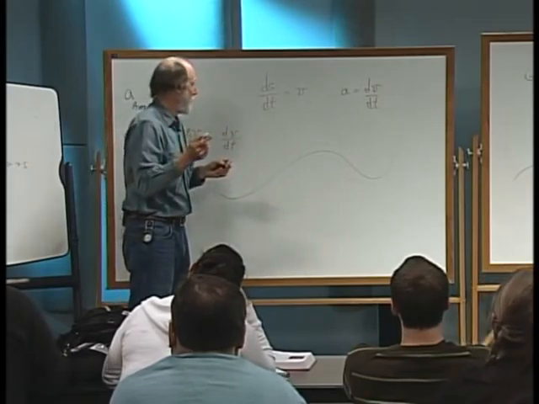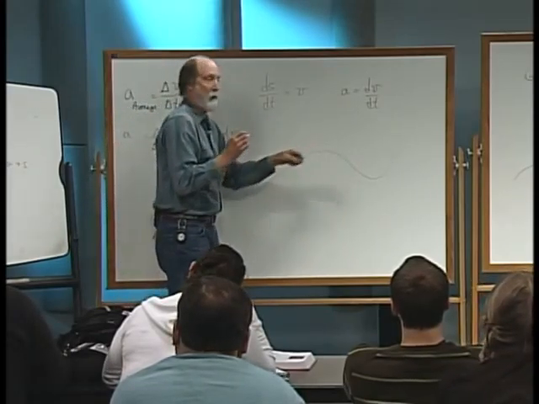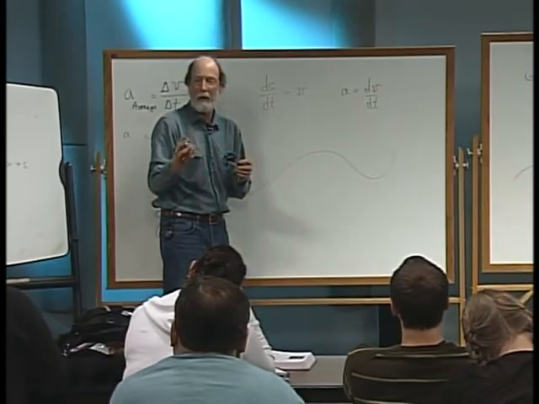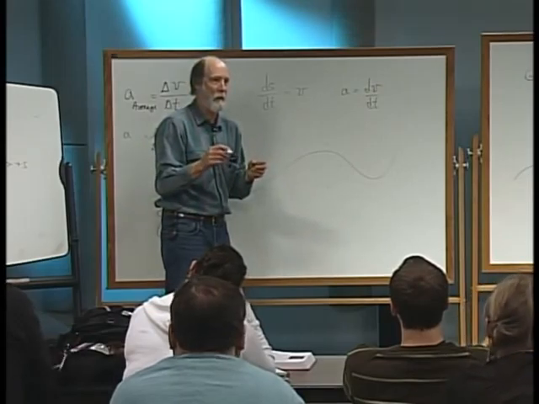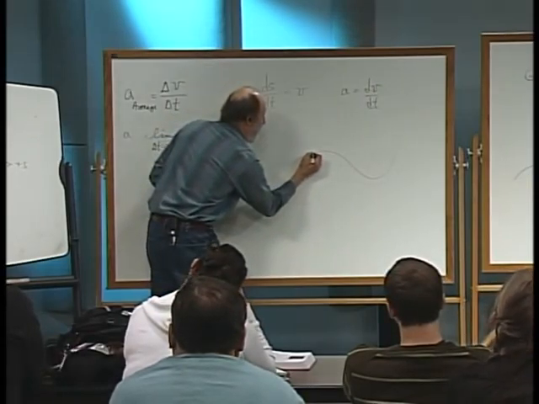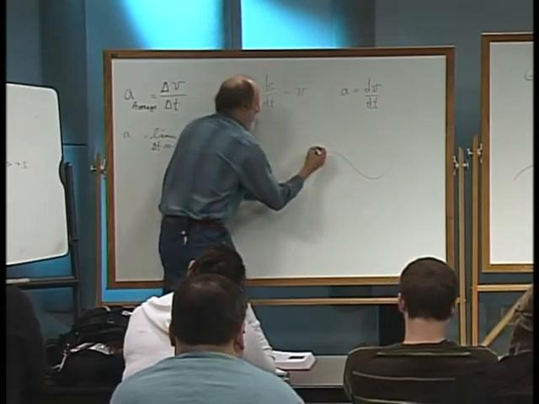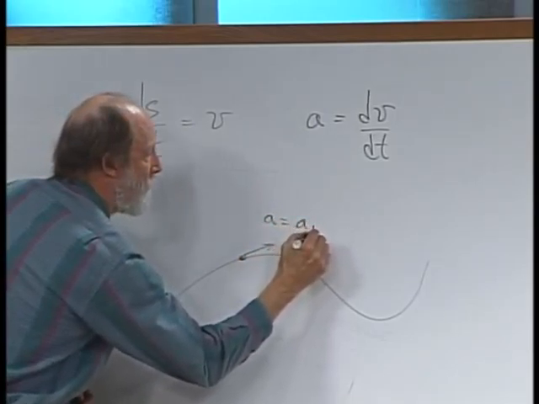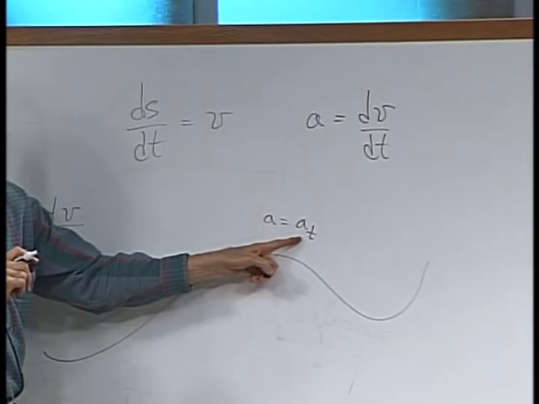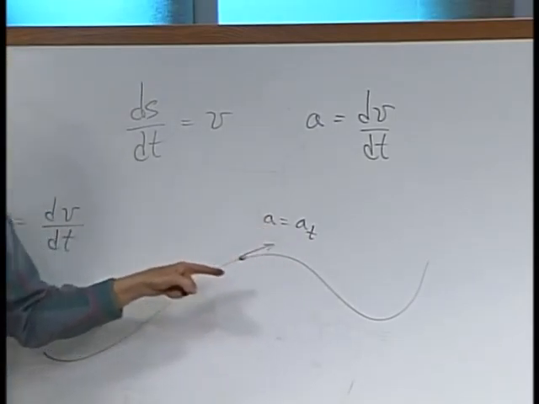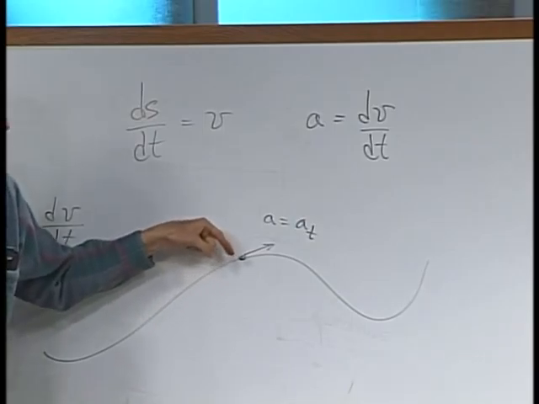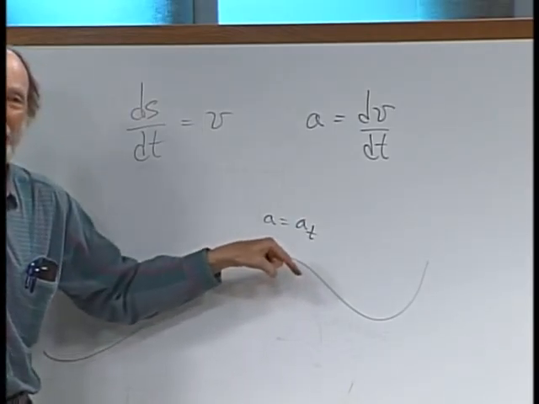In calculus, you have seen that when you're on a curve, isn't there more than one acceleration? And we'll go through the derivation of all that later in this course. But what these equations are describing here is that this a is the tangential acceleration. There is another acceleration that exists if you're on a curve, something that has to force you onto that curve.